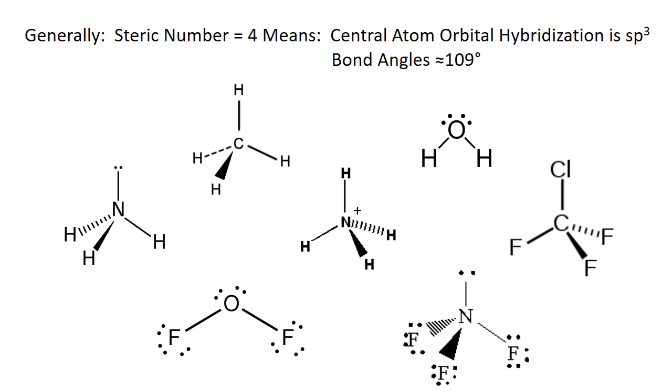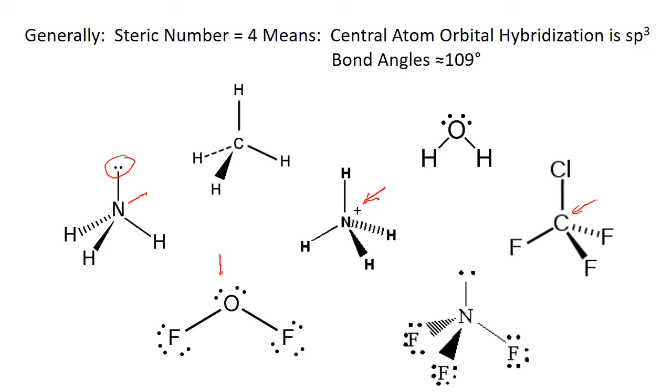So NH3, nitrogen, steric number 4 because I have 1 unshared pair of electrons plus 3 bonded atoms. Nitrogen in the ammonium ion, I have a central nitrogen surrounded by 4 hydrogen atoms with a positive charge on nitrogen. In the CF3Cl molecule, carbon has a steric number of 4, so it will have sp3 hybrid orbitals.